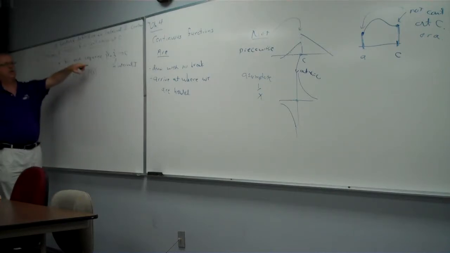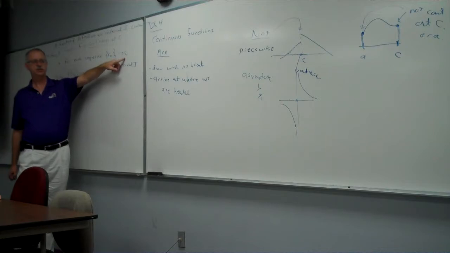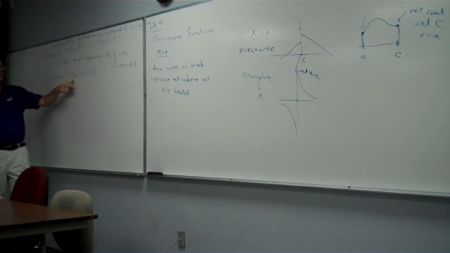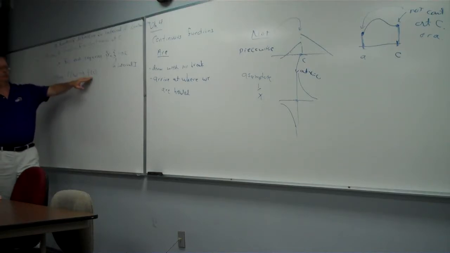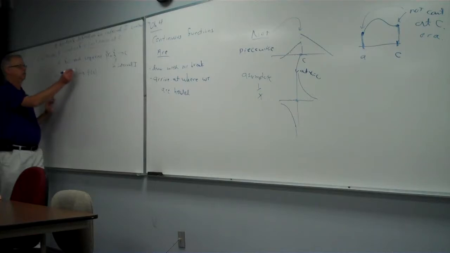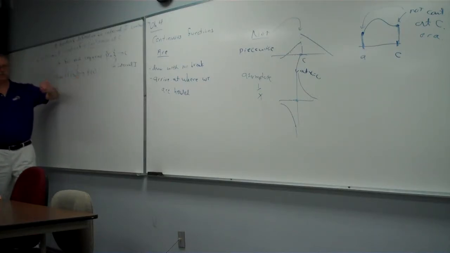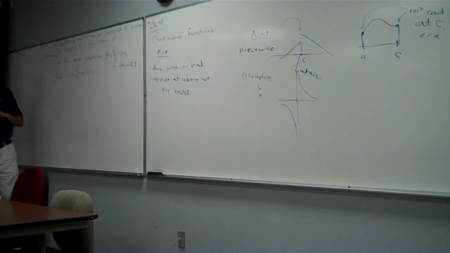If we've got a sequence of inputs that are headed to C, can we predict where the outputs go? And not only can we predict where the outputs go, but are the outputs going precisely to the value that f of c is?